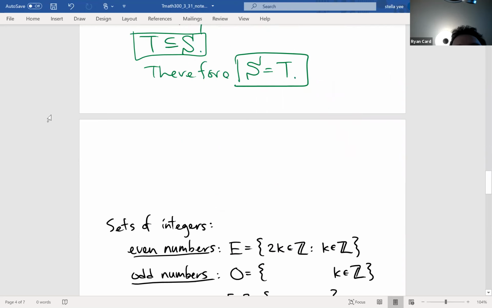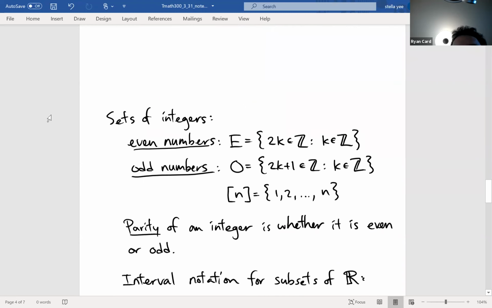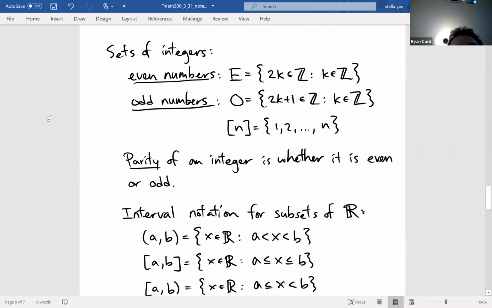All right. I have a few more definitions that we're going to use often in this class. So as far as talking about subsets of integers, we call a number even if it could be written as 2 times an integer, where k is any integer.